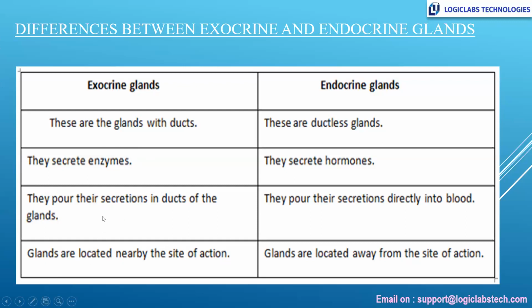Next, exocrine glands pour their secretions into the ducts of the glands. Because they have ducts, they just pour into these ducts. This is the function of the exocrine glands.